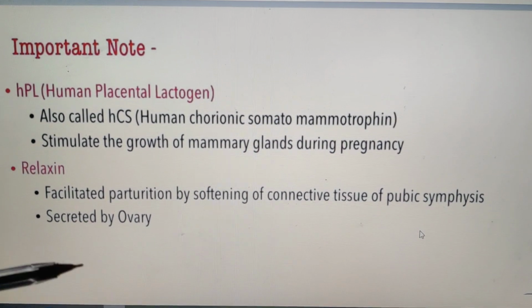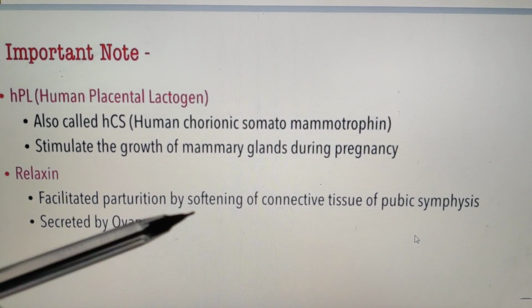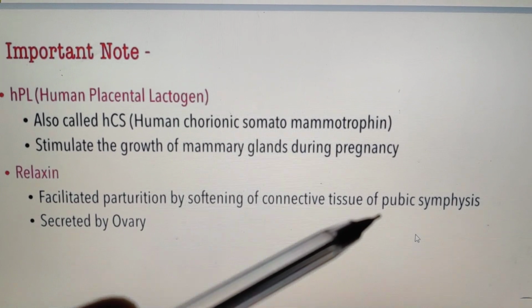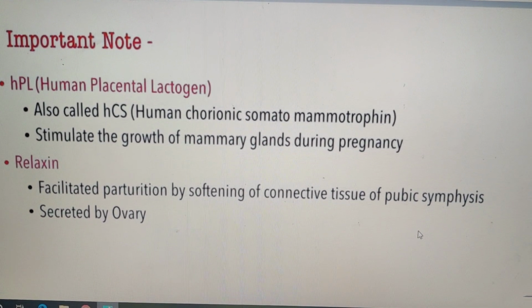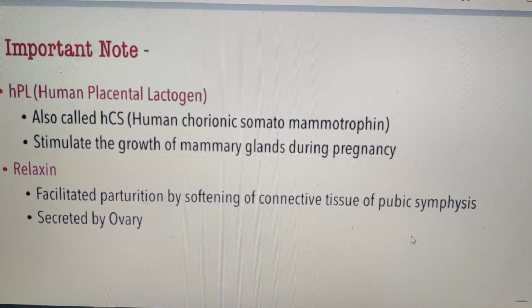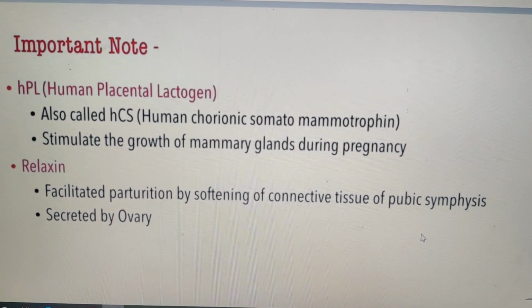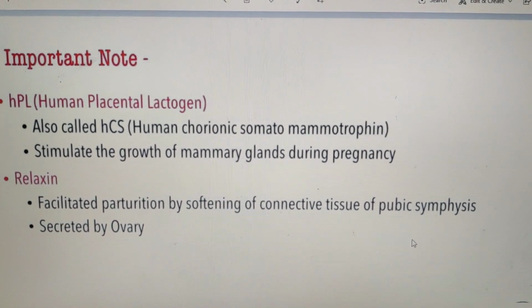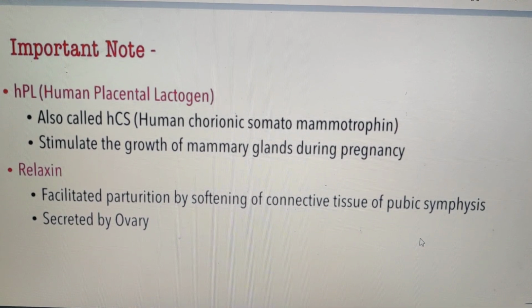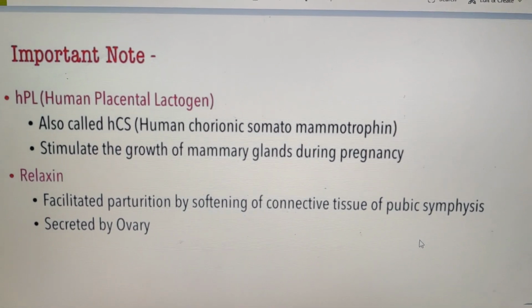It facilitates the parturition by softening the connective tissue of pubic symphysis. It is secreted by the ovary. So these are the important hormones secreted by placenta as well as the ovary and the corpus luteum, which play important roles during this period.